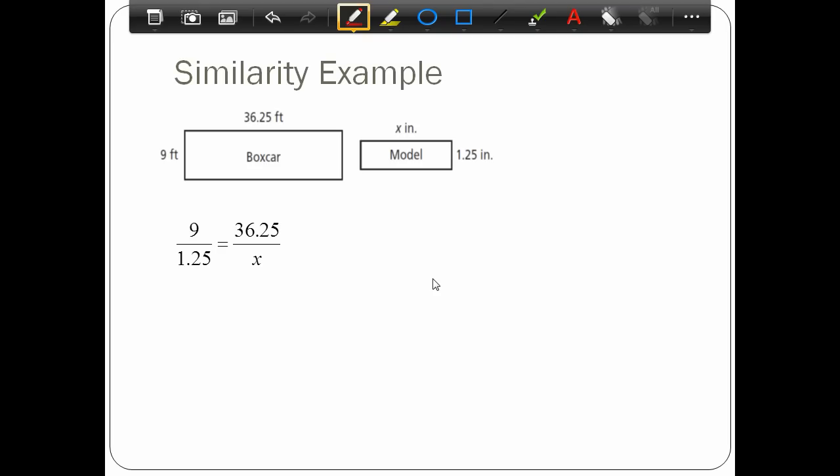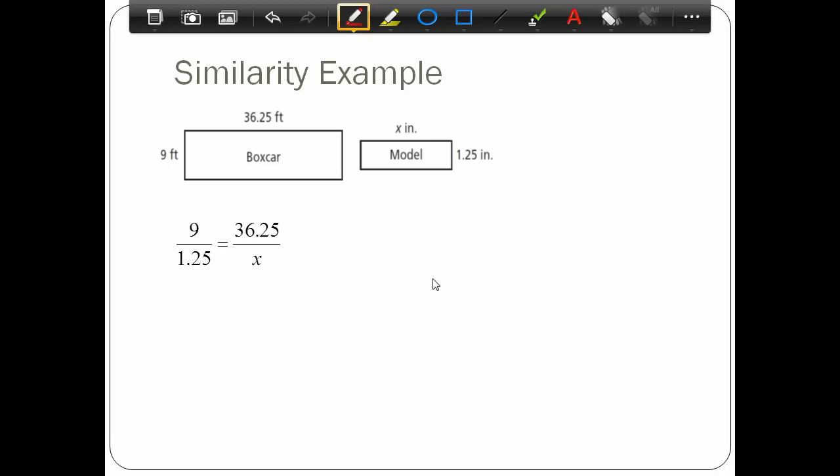Now you guys might be thinking, but Mr. Olivier, the one on the left, the boxcar, is in feet, and the one on the right, the model, is in inches. Don't I have to convert my feet into inches or my inches into feet in order for this to work? The answer is no. We don't absolutely have to, since everything on the boxcar itself is measured in feet, and everything on the model is measured in inches.